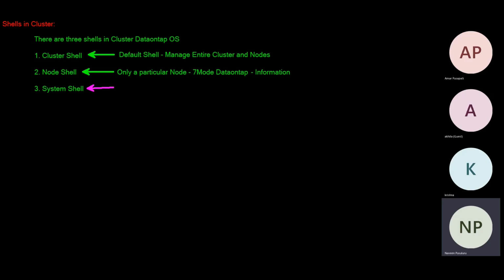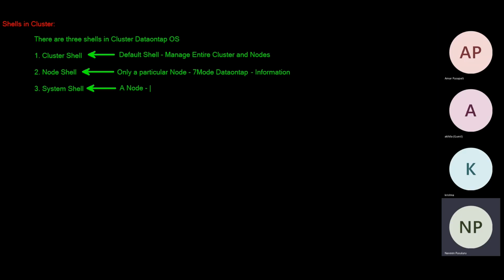The next thing is the system shell. From the system shell also you can manage a particular node. Whichever node's system shell you logged into, from there you can manage only that node.